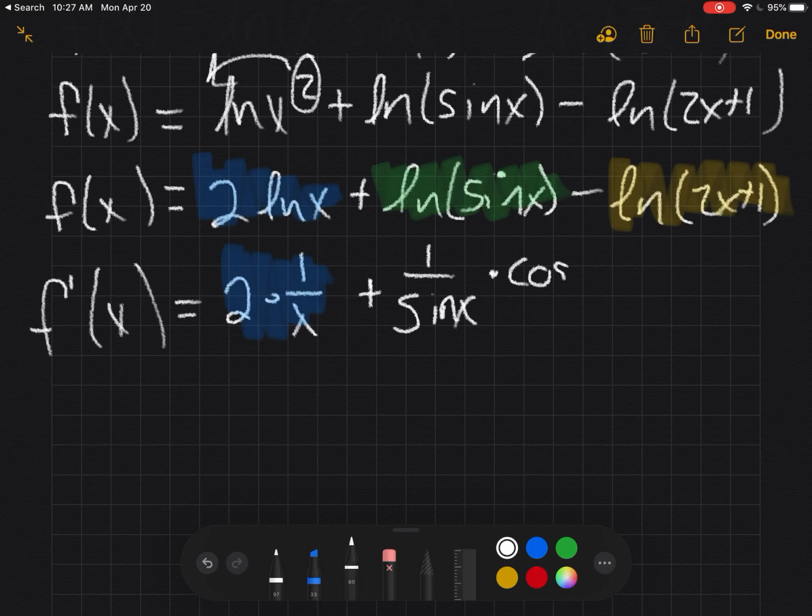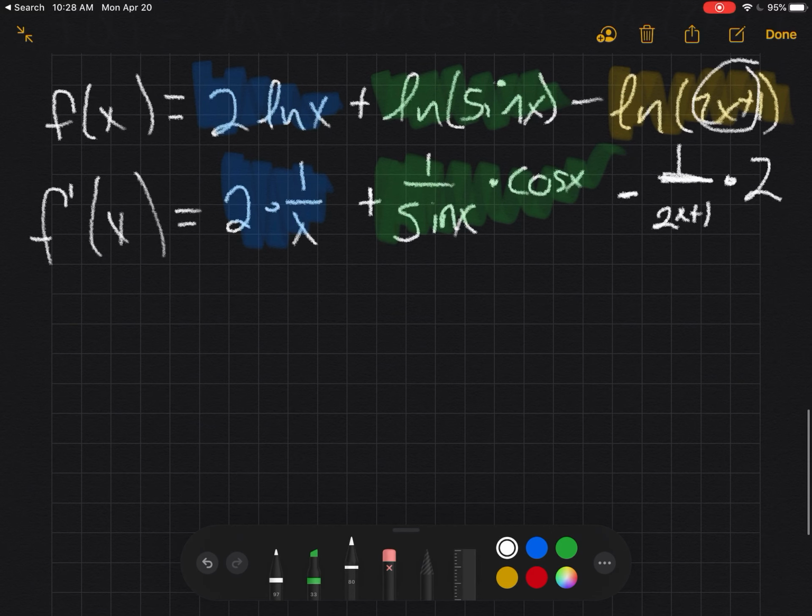We get 1 over sine x, from taking the derivative of the natural log, multiplied by the derivative of sine of x, which is cosine of x.